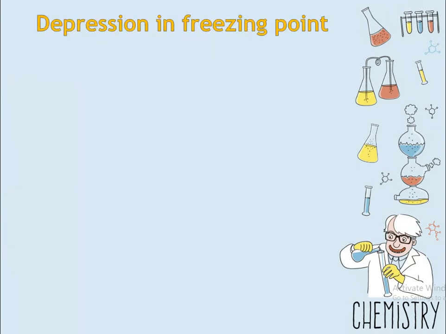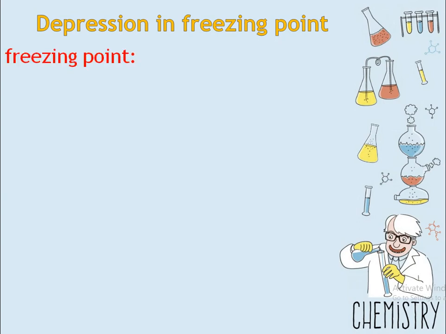So first is depression in freezing point. Before going to this, let us talk about what is freezing point. The freezing point is the temperature at which liquid changes to a solid. We know that at the freezing point of a substance, the solid phase is in equilibrium with the liquid phase, so their vapor pressures become equal.